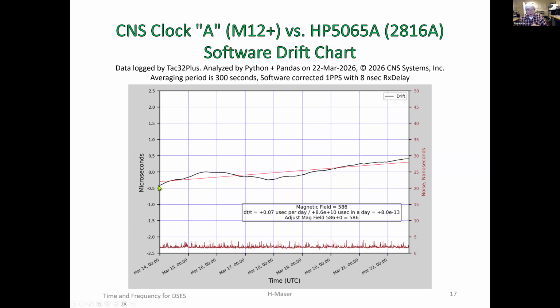This shows the normalized difference in time between the two pulses, one from the rubidium, one from the GPS. In my case, here in my lab, the black line would have been perfectly straight.